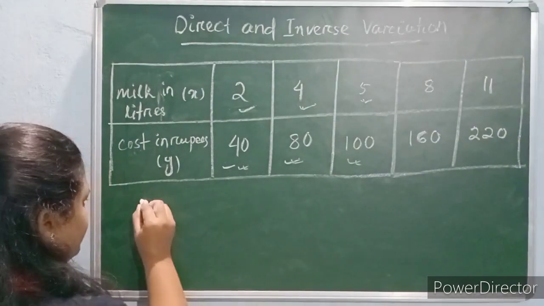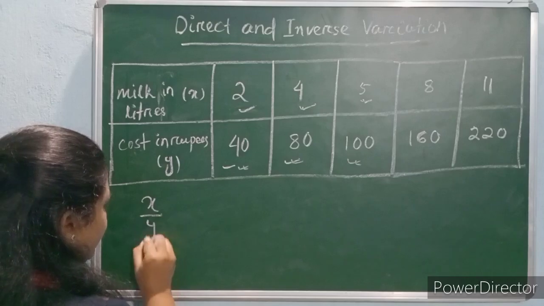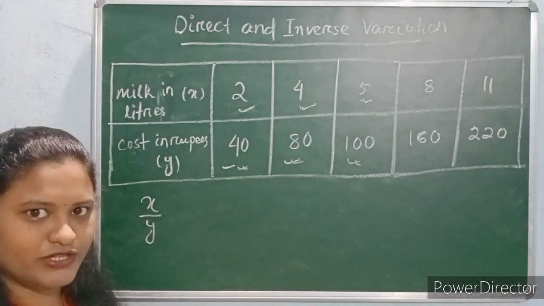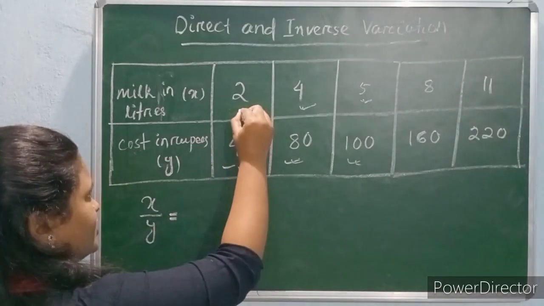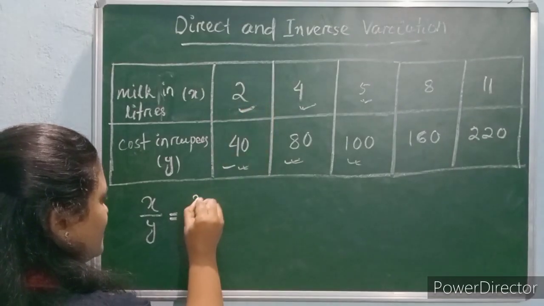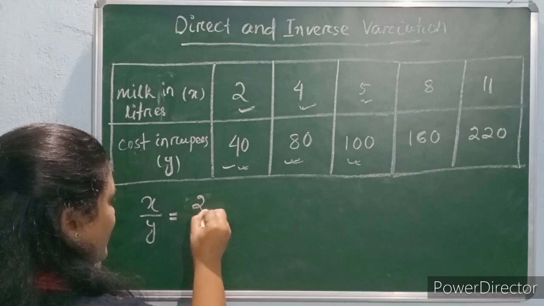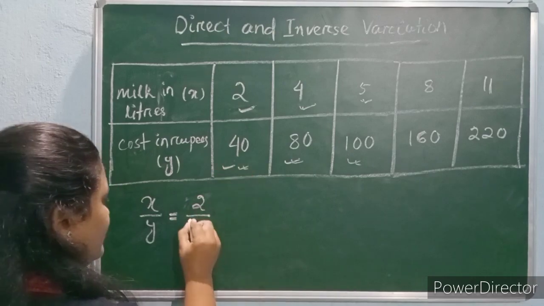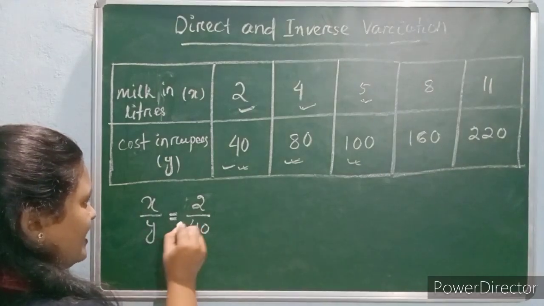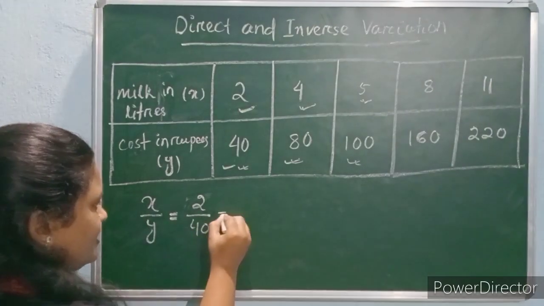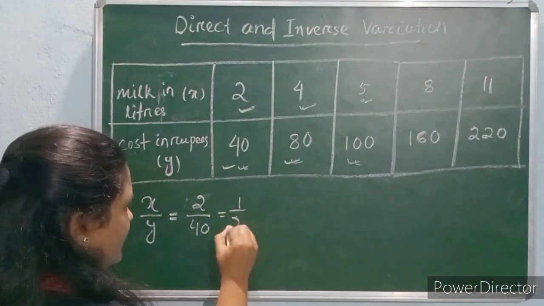Suppose I take x by y. What will be the value of x by y? The first quantity x is 2, and the first y is 40. So x by y is 2 by 40, and we get 1 by 20.